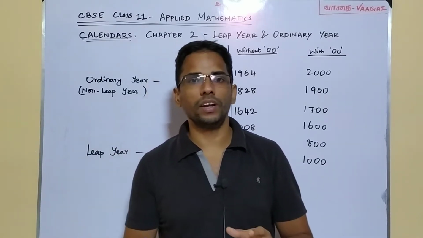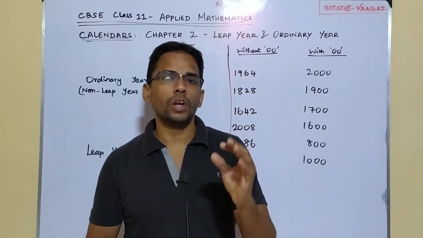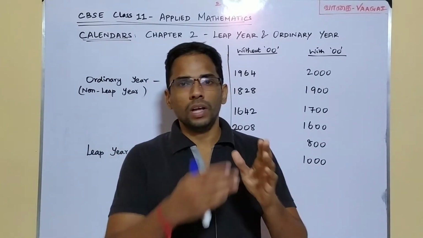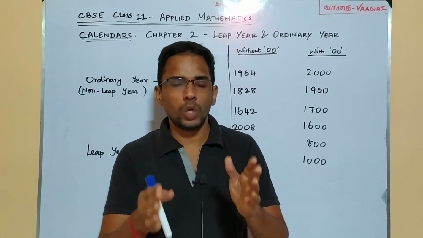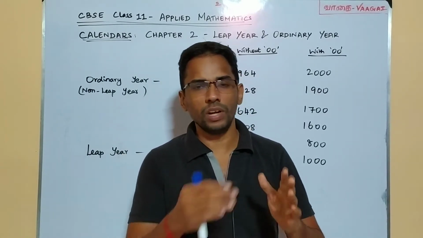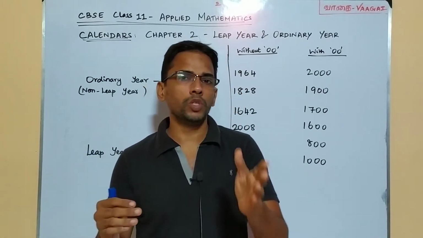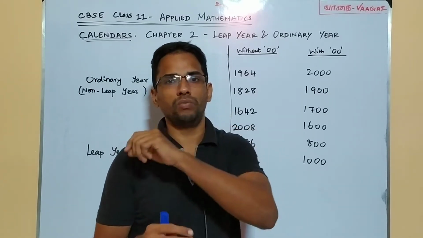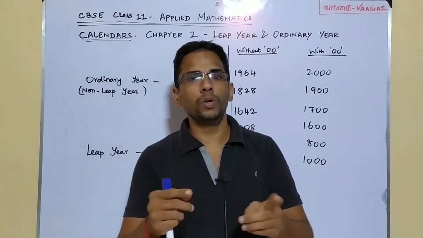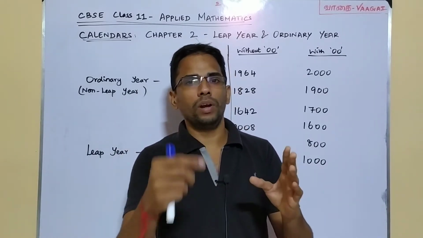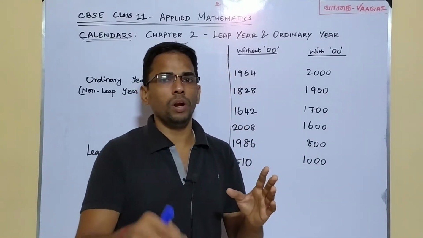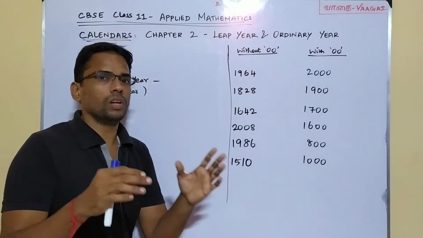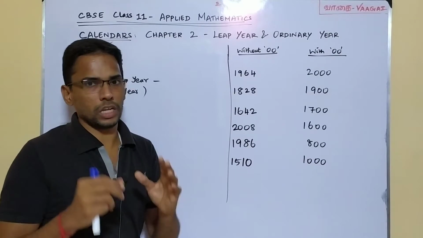In an ordinary year, February has only 28 days. But in a leap year you will find one extra day, Feb 29th. That year is a leap year. This is a basic explanation of leap year and ordinary year.